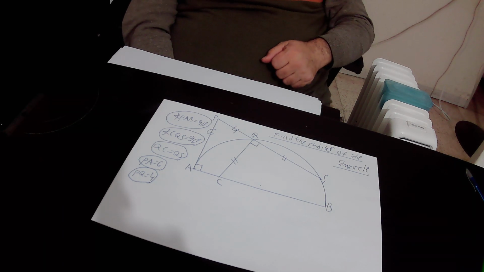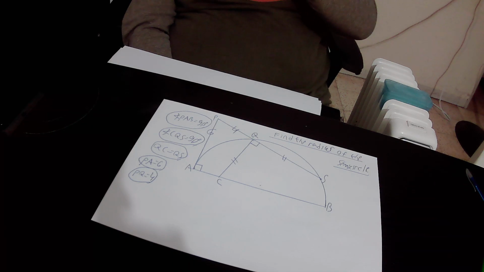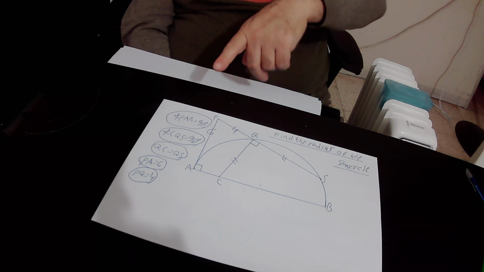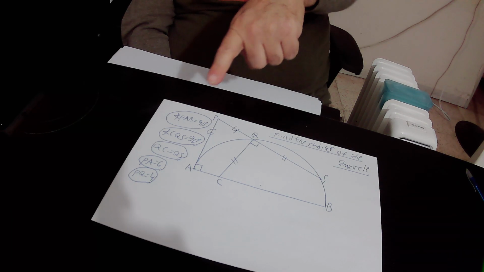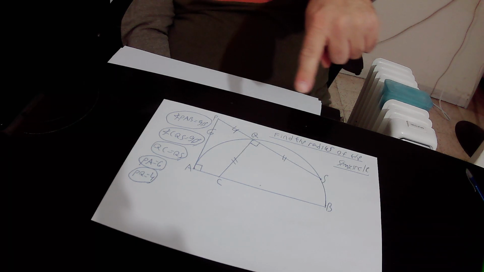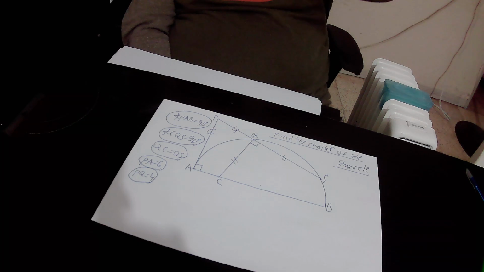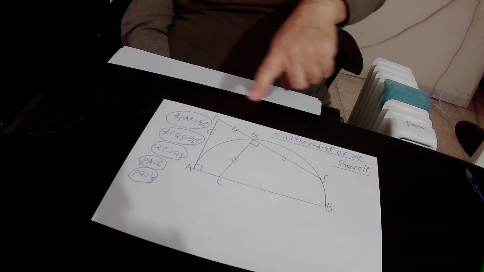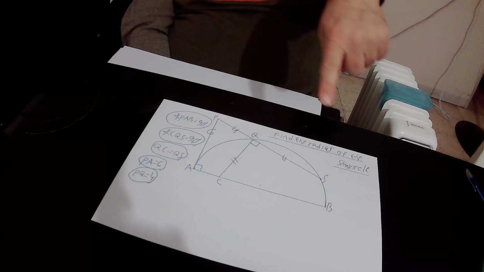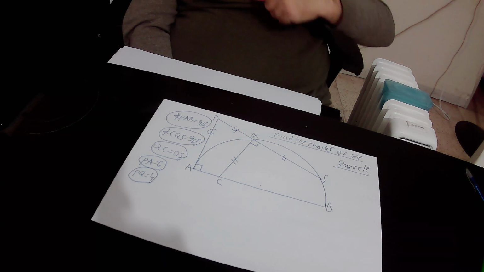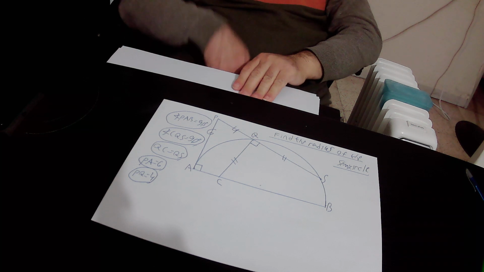Why? Because if you focus on point P, from point P we have tangent PA that is tangent to this semicircle at point A, and we also have line segment PS that cuts the semicircle at points Q and S. Therefore we can implement here rule number 10.